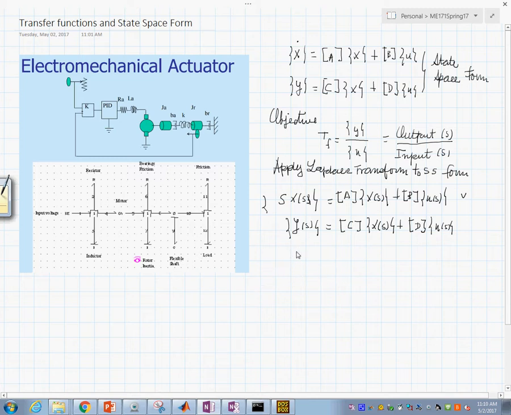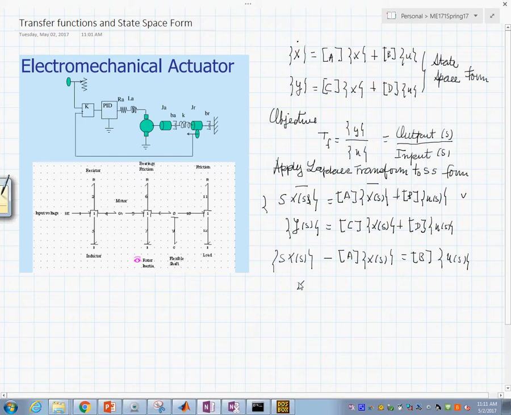So do you see here, you have x of s over here, you have it on there too. You could put this on the other side. So you could have s times x of s minus A times x of s equals B times u of s. Very good.